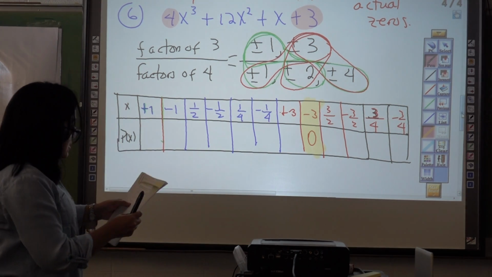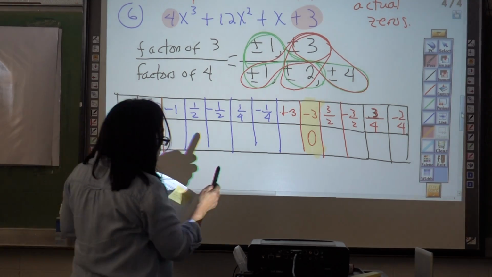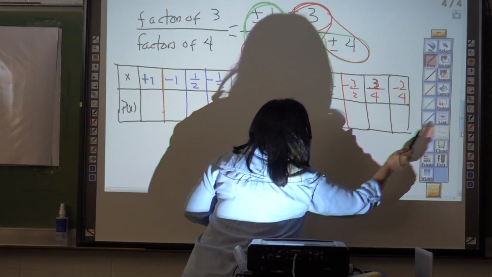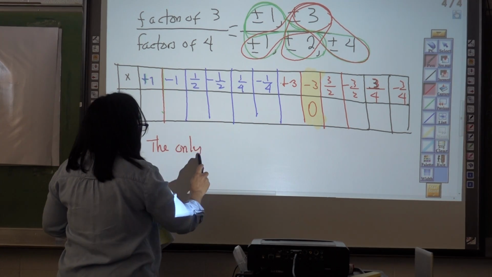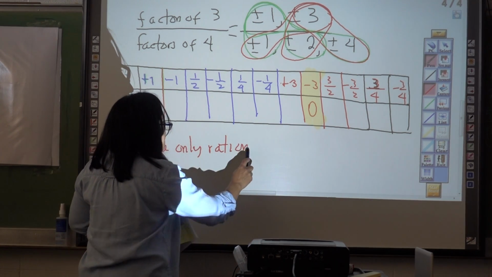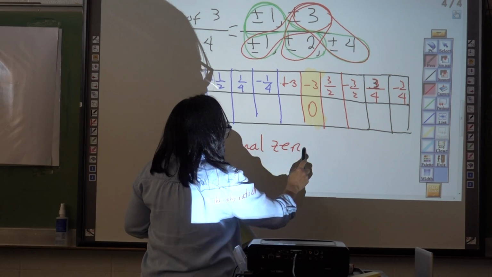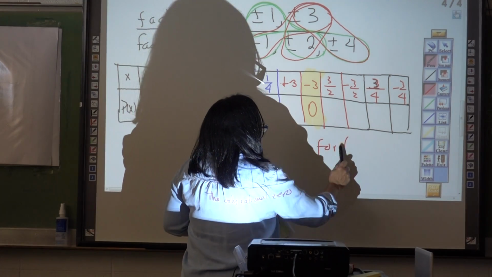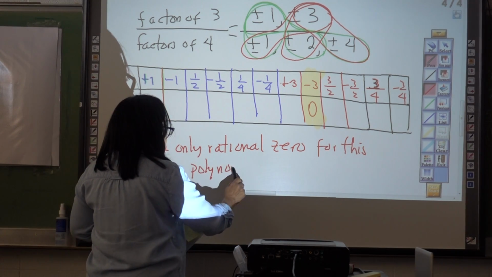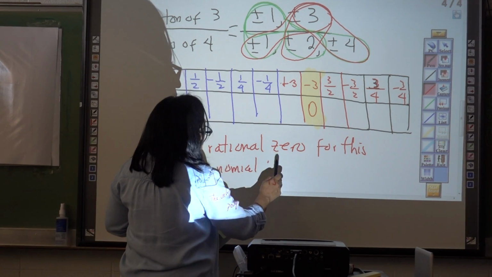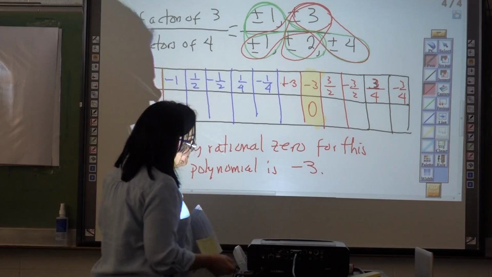They're asking only for the rational, so the only rational zero for this polynomial is negative 3. And that's it.